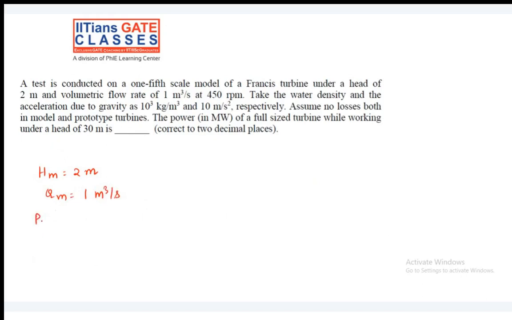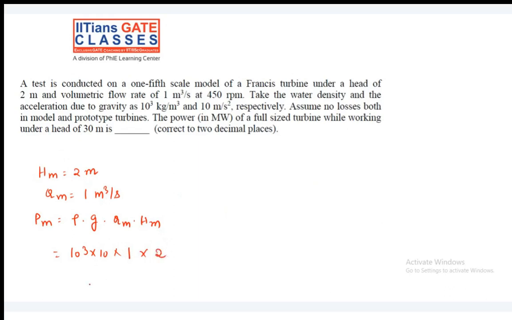So power of model is rho g into Qm into Hm. Put these values. Rho value is given to us as 10 to the power 3. g is also said to be approximated as 10. Qm is given as 1 and Hm is given as 2.